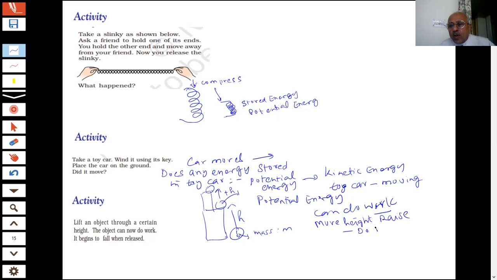But how will it do more work? That means it must possess more energy, students. Then only it can do more work. What type of energy is there in this object now? This is an example of what we call gravitational potential energy.